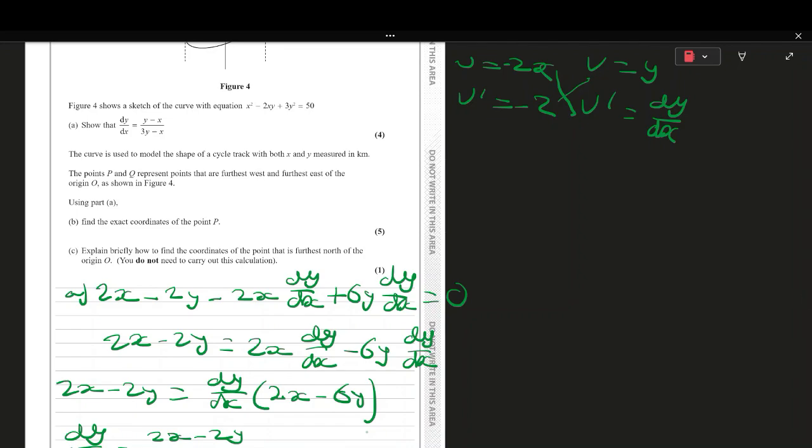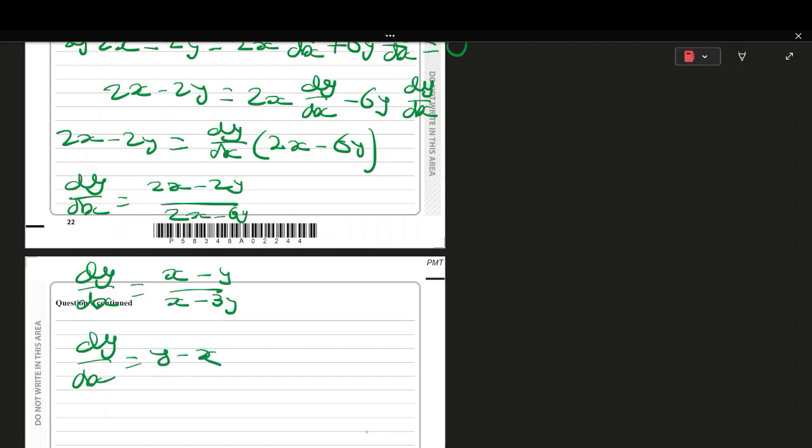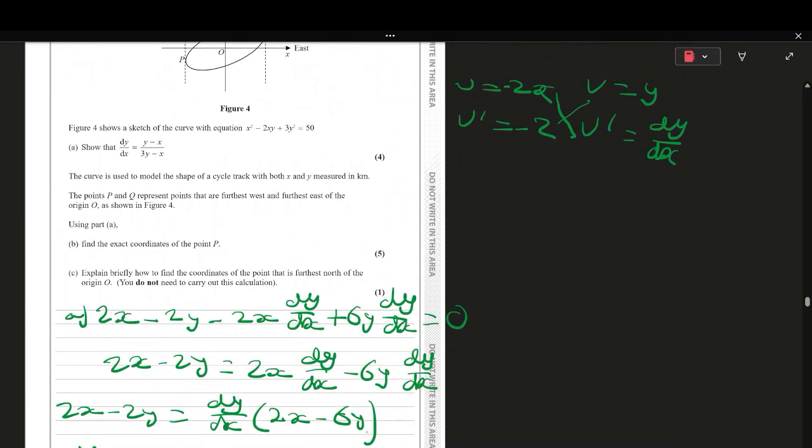We're not done since they want it in the form y minus x over 3y minus x. So dy by dx is equal to, we divide everything by 2 since you can, x minus y over x minus 3y, and we times everything by minus 1 to get in the form that they want. y minus x over 3y minus x. And that is part A done.